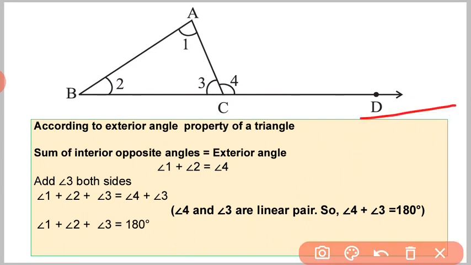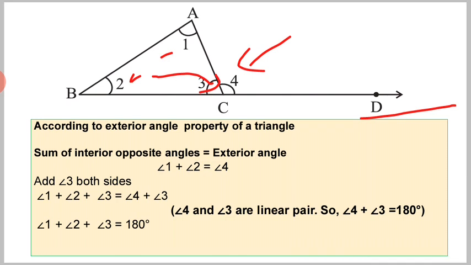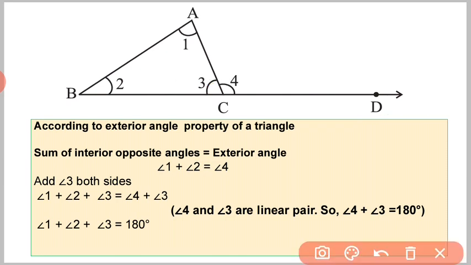So we see that angle 4 is an exterior angle and angle 1 and angle 2 are opposite interior angles, and these are opposite to angle 4. So according to exterior angle property, angle 4 is equal to angle 1 plus angle 2.